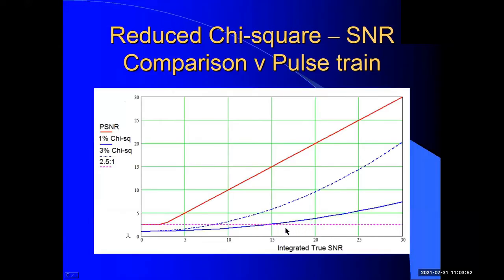Now the point of this is to see why it's failing, because it does look like a pulse. And the reason is what I've plotted here is the integrated true signal to noise ratio, the sort of ratio that we do see. And if we look at the chi-square plot, which is this blue one, there's a nice differential up at 30.